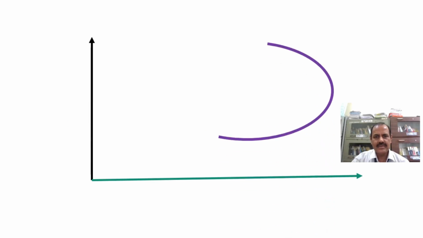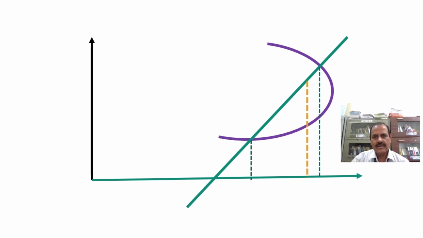Let us see in the graph. This is the function. This is the line intersecting the curve. So A, B and the middle point t a plus (1 minus t) b.